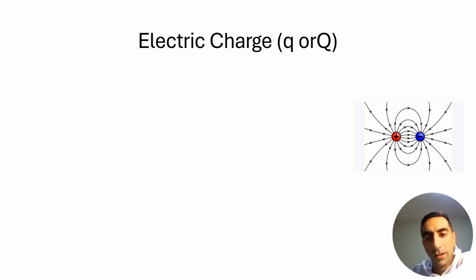Now let's get to another important terminology in electric circuits, electric charge, which is shown with small q or capital Q. An electric charge is nothing but the amount of electrons or energy that passes from one body to another. That could be caused by different modes of conduction, induction, or other specific methods.